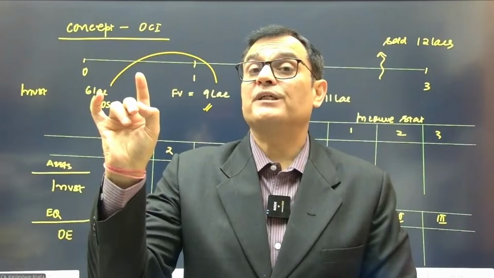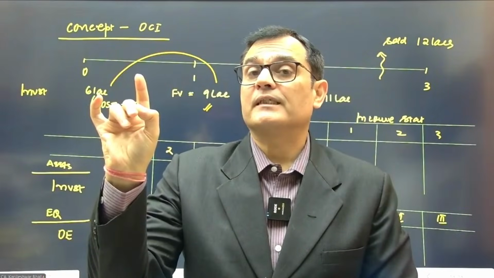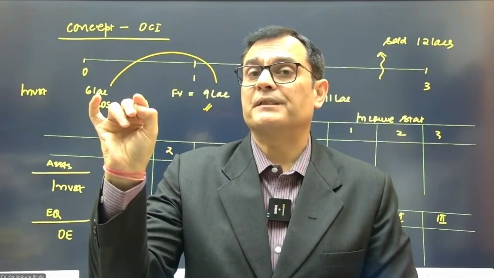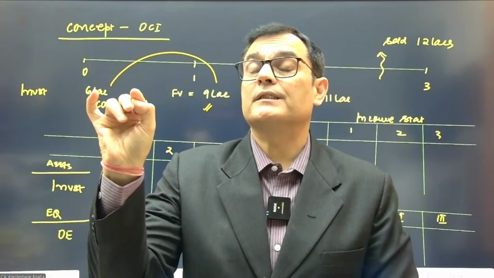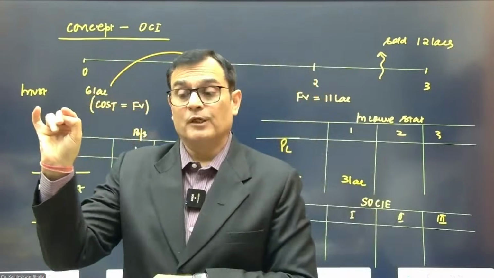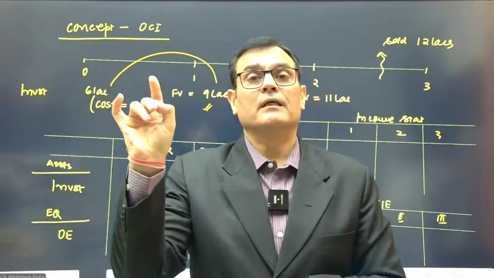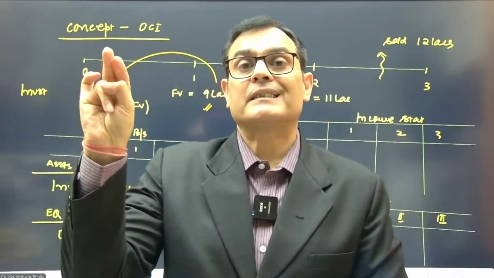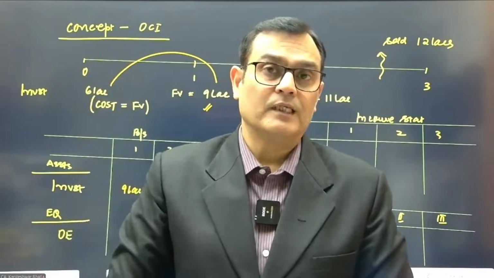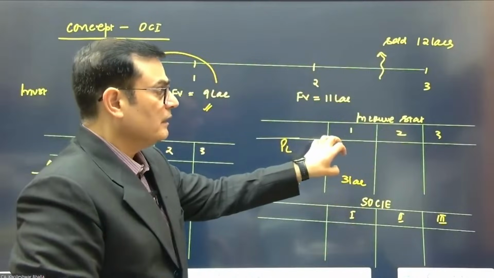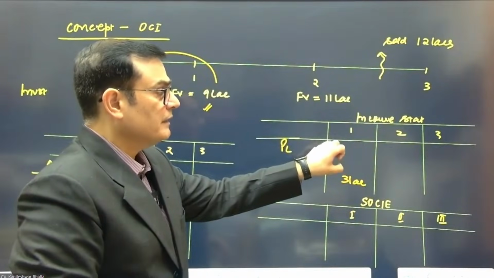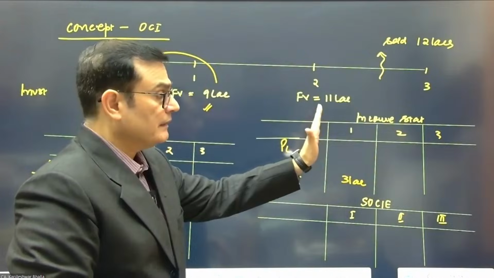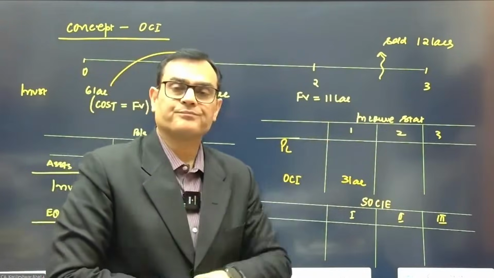When you put something in the P&L, it impacts the profits of the company. P&L plus OCI is the total income. When you put something in the P&L, the profits are impacted, the EPS is impacted, and it goes in tab 2.